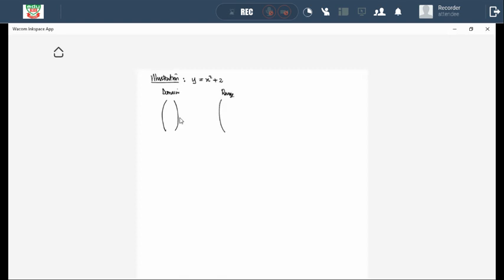The input values that I'm going to use are -2, -1, 0, 1, 2. I'm now going to substitute -2. Where there is x squared in the expression, it becomes -2 all squared, which gives you 4. 4 plus 2 gives you 6.